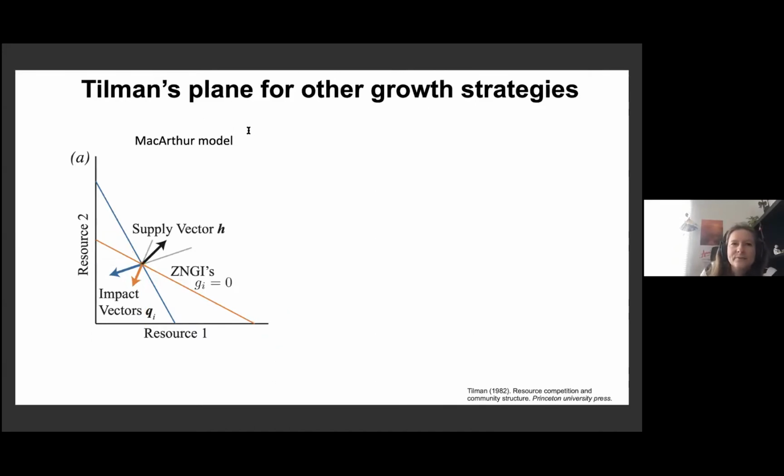And for Tilman's model, there are many extensions. Some extensions include more than 2 essential resources, and then this whole thing gets really complicated because you can have all sorts of cycles, chaos, and so on.